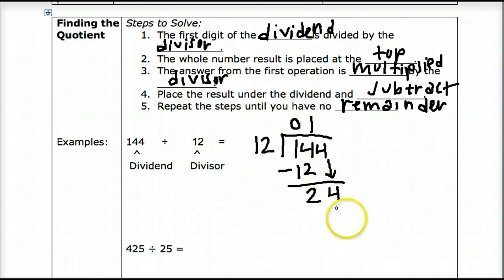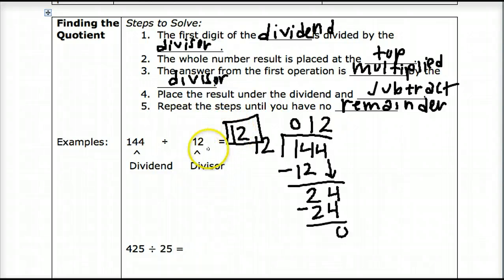And we know that 12 will go into 24 twice. 2 times 12 is 24, which means our remainder is 0. If you look back up at your steps to solve, you'll see that you know your problem is solved when you have no remainder. So this means that the quotient of 144 divided by 12 is 12.